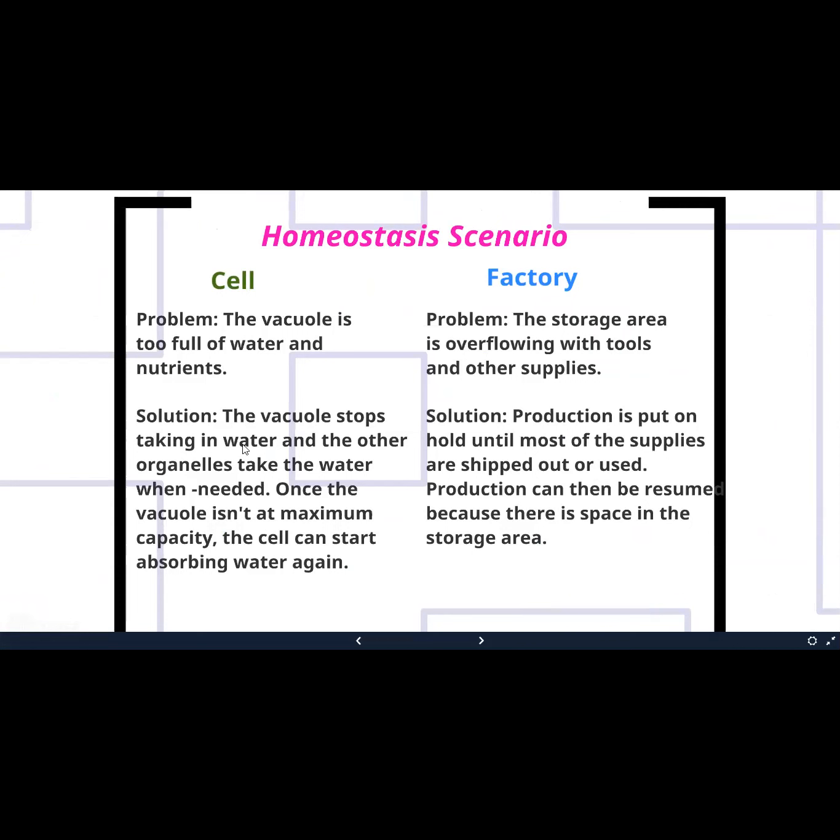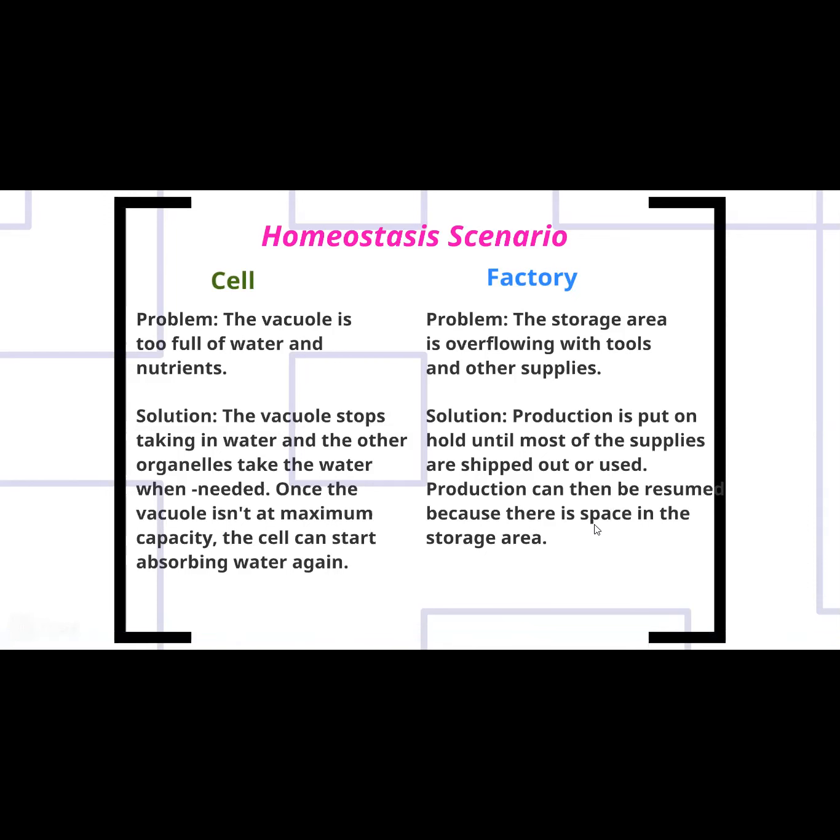The vacuole stops taking in water and the other organelles take the water when needed. Once the vacuole isn't at maximum capacity, the cell can start absorbing water again. In a factory, production is put on hold until most of the supplies are shipped out or used. Production can then be resumed because there is space in the storage area.